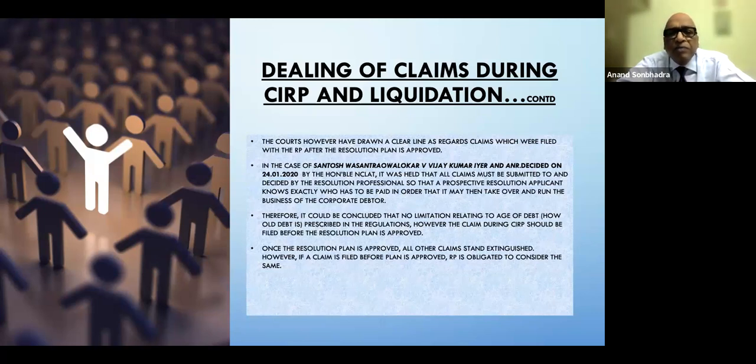Here I've said in the case of Santosh Vasantarao Walekar versus Vijay Kumar Iyer, the NCLAT decided that all claims must be submitted to and decided by the resolution professionals so that a prospective resolution applicant knows exactly who has to be paid in order that it may then take over and run the business of the corporate debtor.